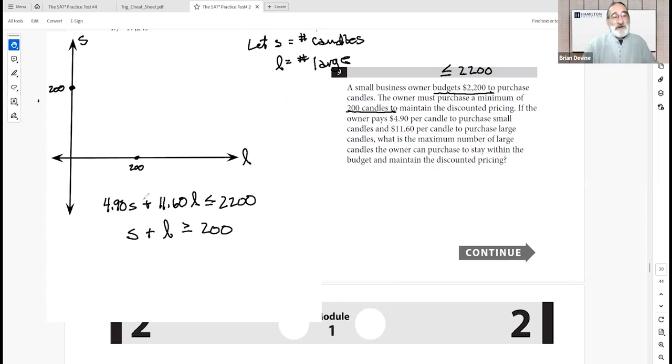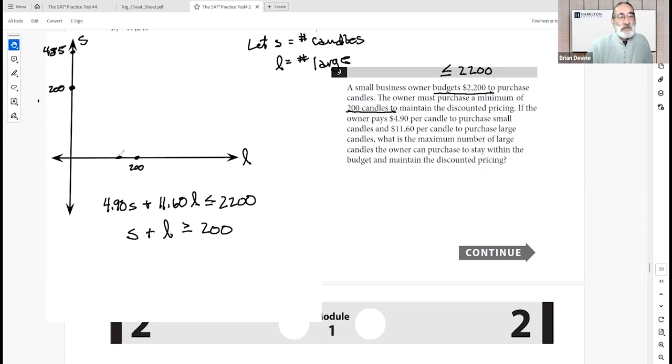And if I look at the first inequality, the money equation, if L equals 0, then I'm up to about 485. And if S equals 0, I'm going to be a little bit less than 200.